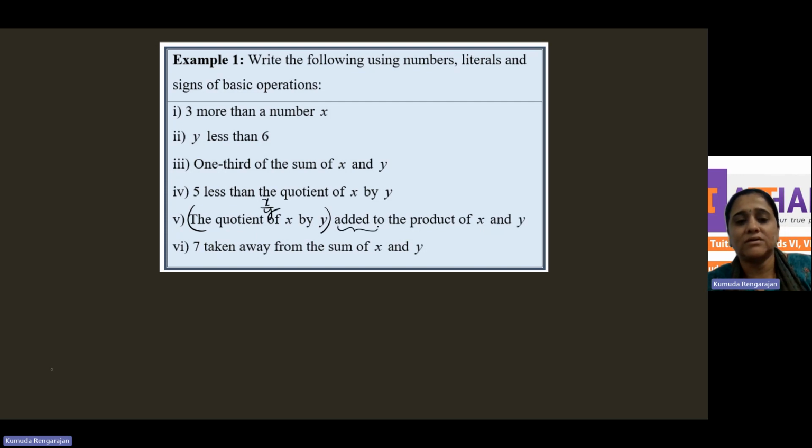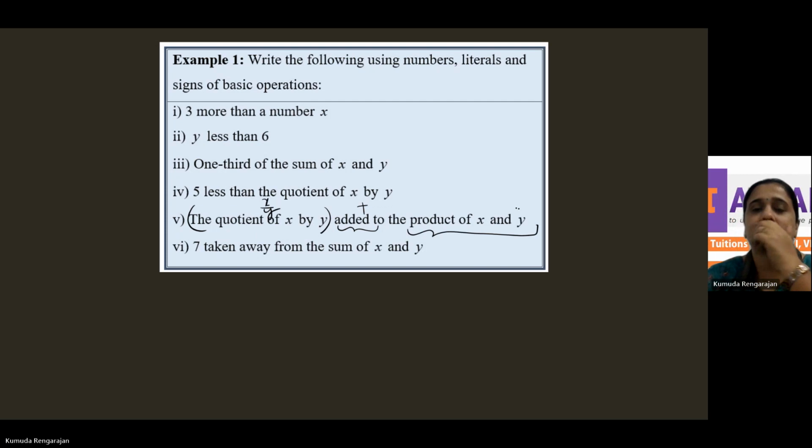Added to 2 means plus. The product of x and y. The product of x and y means x into y, which is xy. If it's into, you don't have to write it.